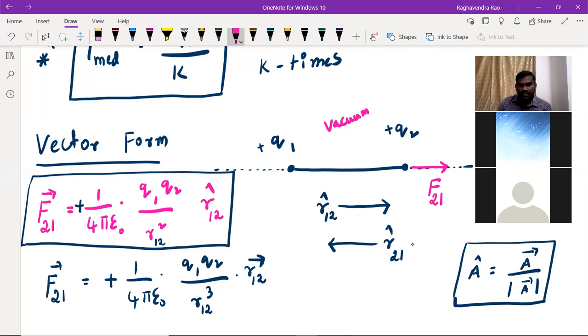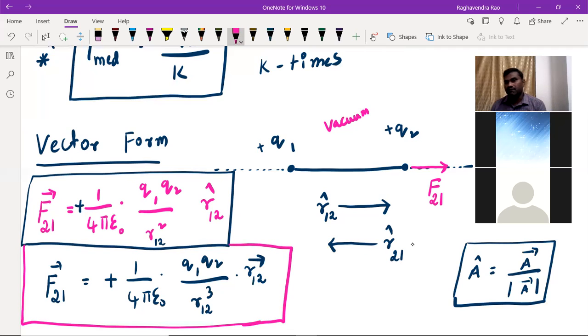One time in the AIIMS examination, they gave the question: which of the following is the force of attraction or repulsion. They gave equations in the options, with R12 cap or R21 cap, like that. So you should identify the formula, that's all.